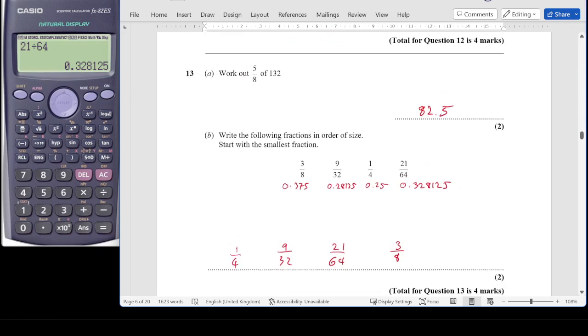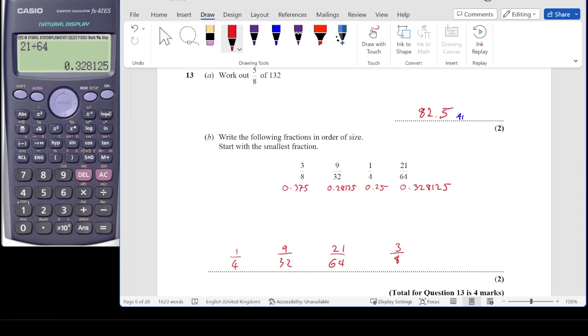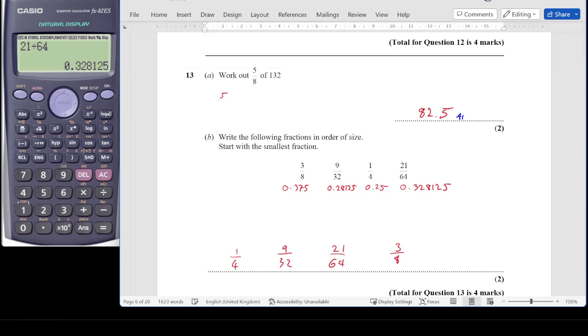And question 13, we have got an M1 and an A1. I should really have shown exactly what I typed into my calculator, so 5/8 times by 132.